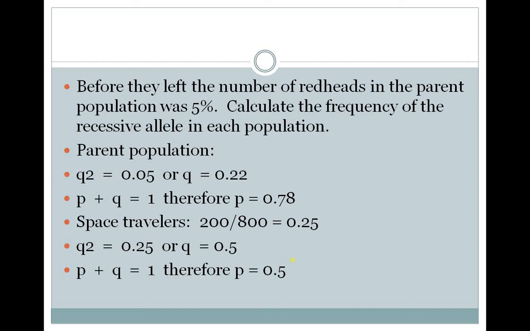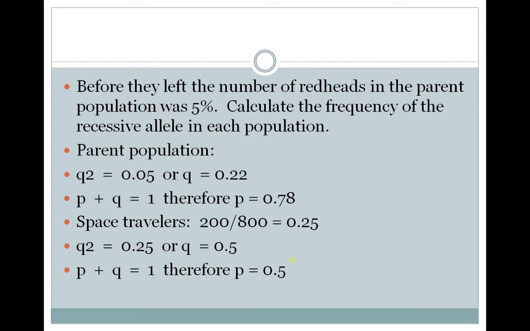In the parent population, q squared is equal to 0.05. 5% of the entire population had the recessive phenotype.